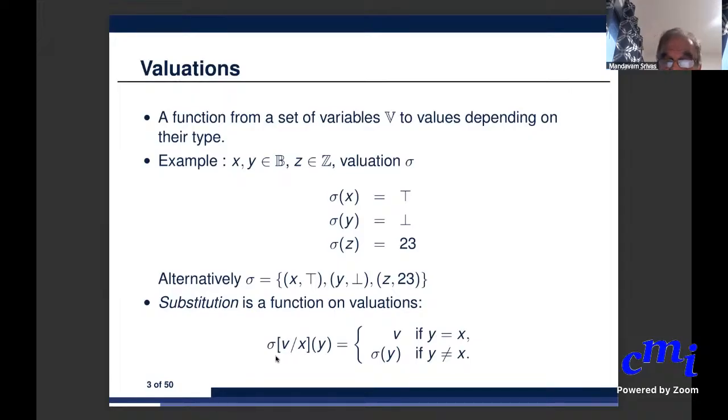Here sigma has x substituted with a new value. This denotes a new sigma, which is exactly the same as the old sigma for all variables except x, where x takes the new value y.